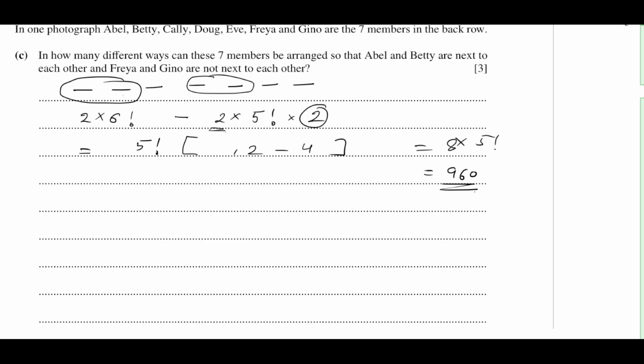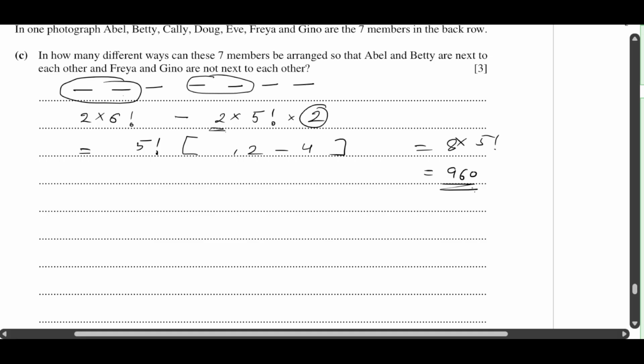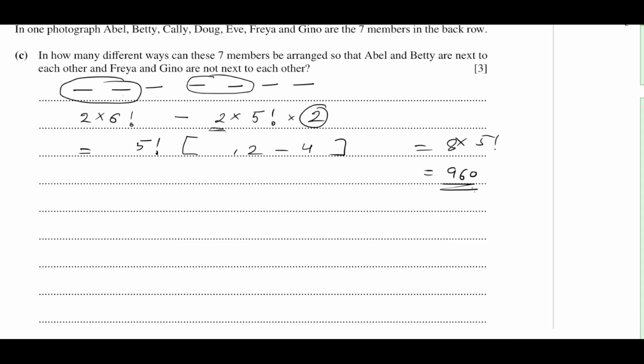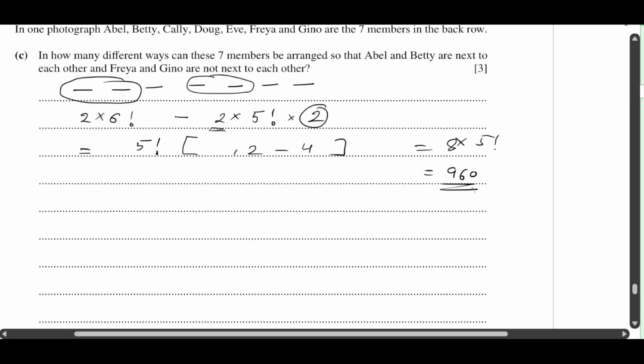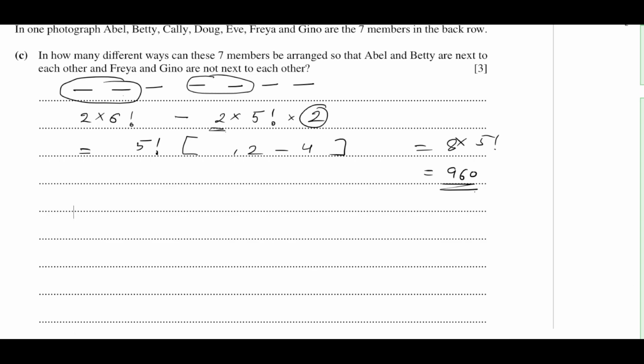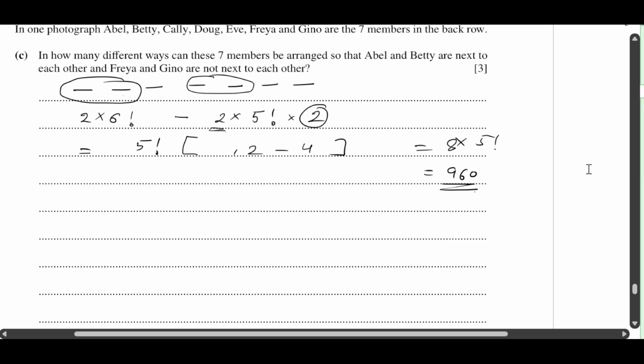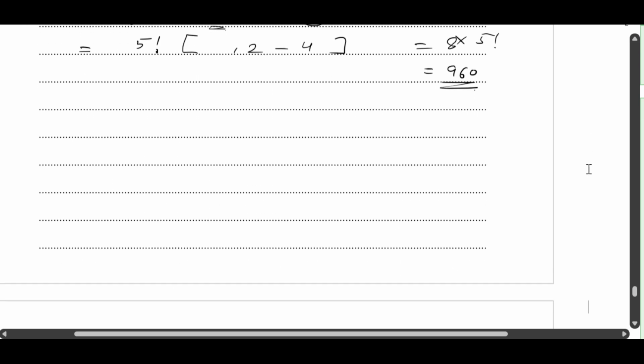If I remove these 4 persons out of 7, after removing 4 I get 3, and they are in a group, so 3 plus 2 we can consider as 5. Leave it as it is. I think this way is perfectly all right.